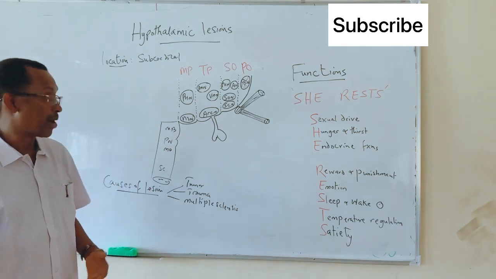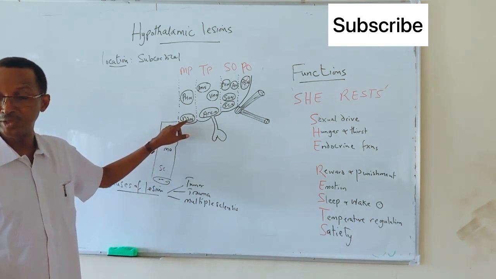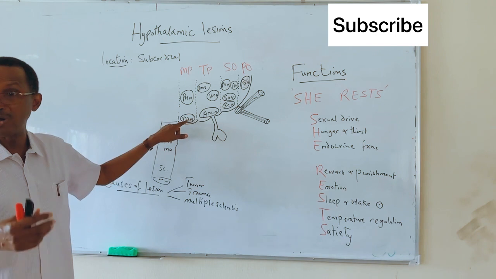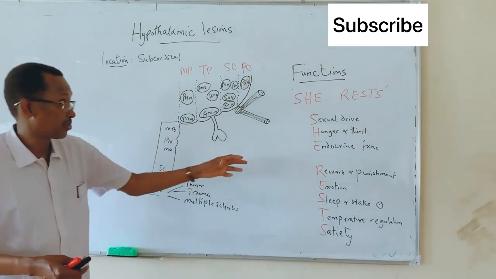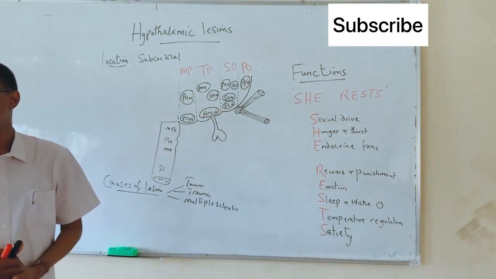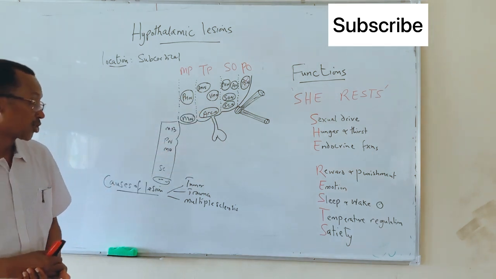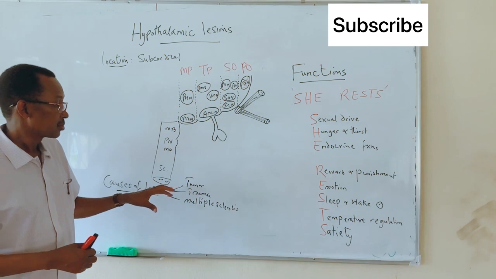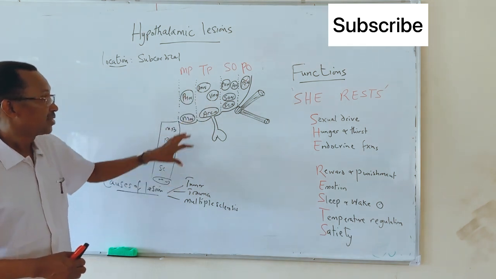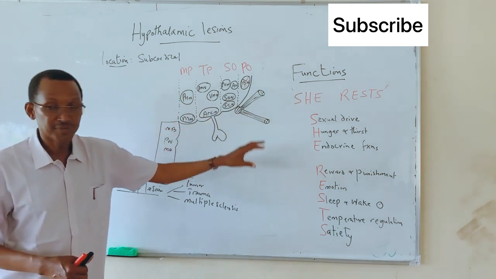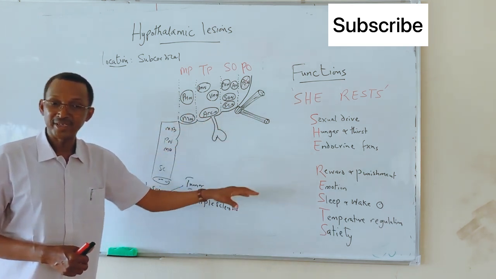So if you are talking about this mammillary nucleus, expression of emotion of our feeding behavior, this is emotion. So reward and punishment is part of the functions of the hypothalamus. So once you have anything that can affect the hypothalamus, all these functions are going to be affected.